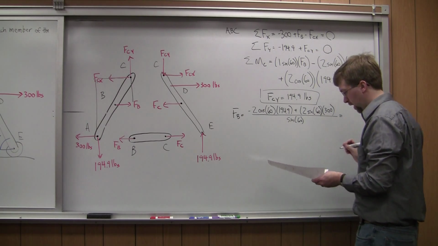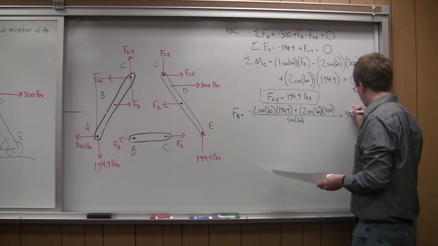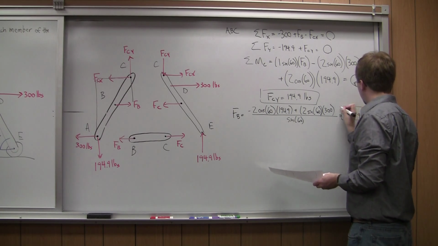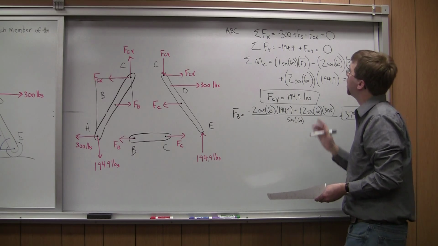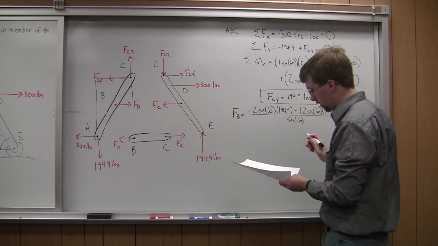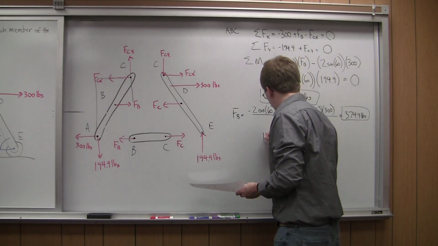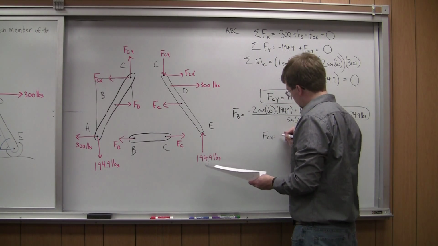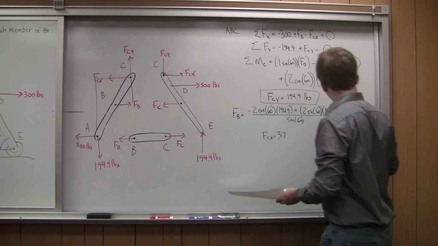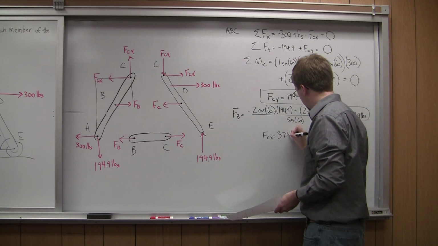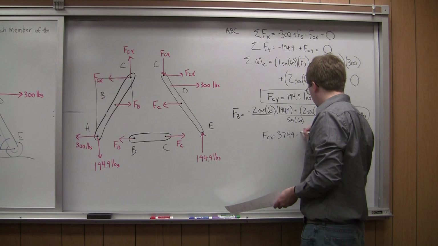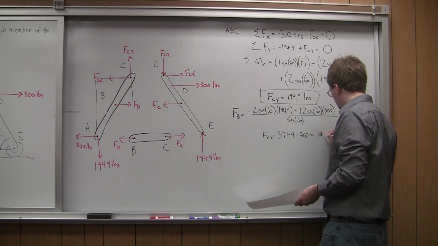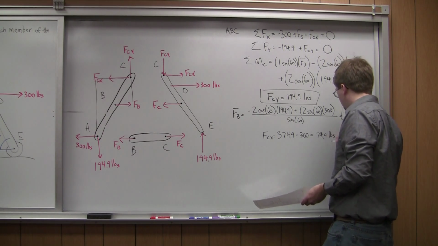And that ends up being equal to 374.9 pounds. And then finally, if I do sum of forces in the x, I can solve that FCX is going to be equal to 374.9 minus 300, which is just equal to 74.9 pounds.